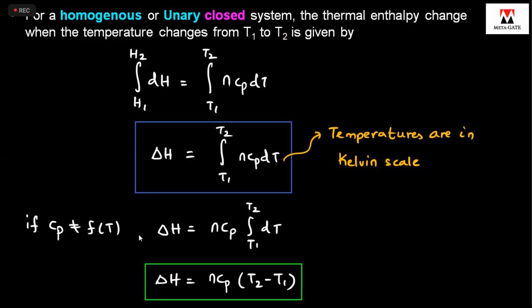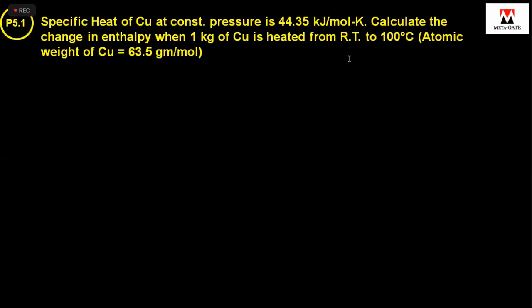See, for some wide range of temperatures, in some temperature window, you can assume that Cp and Cv values are constant. Though they depend on temperature, the function happens to be such that for some range of temperature, it is independent of temperature. That's what we are doing. So we'll see that in problems. So first question from 5.1.